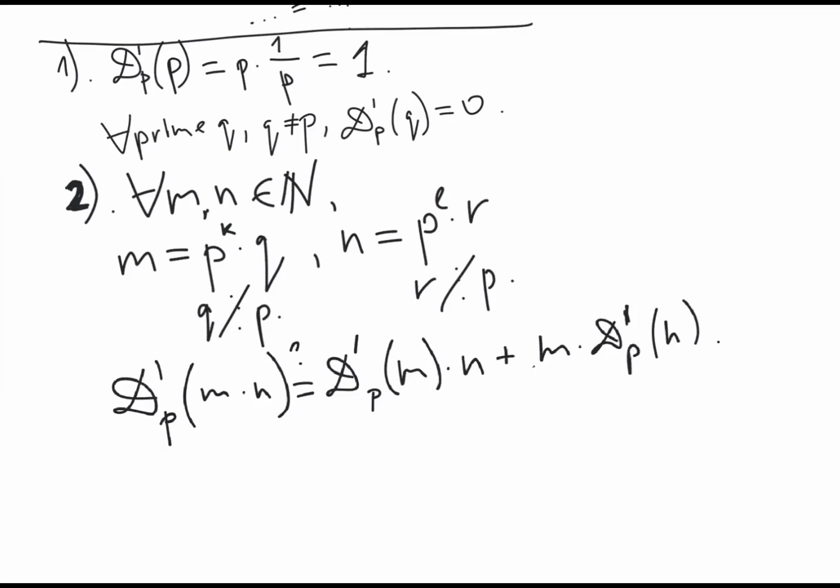And so the left hand side is expressed as d_p prime of p to the power k plus l, multiplied by q multiplied by r, right?